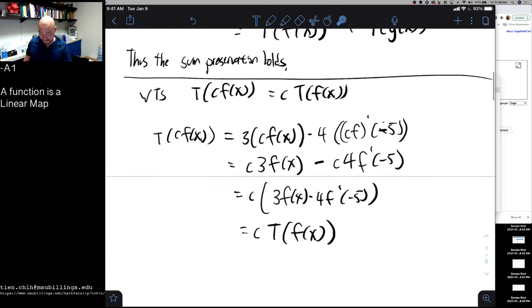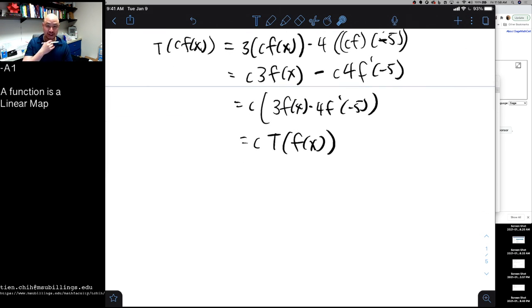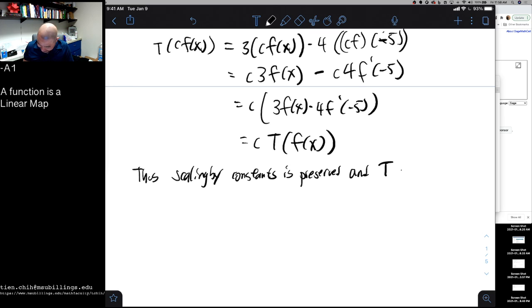We have achieved the preservation of scaling by constants. So we can say, thus, scaling by constants is preserved, and T is a linear map. All right, thank you.